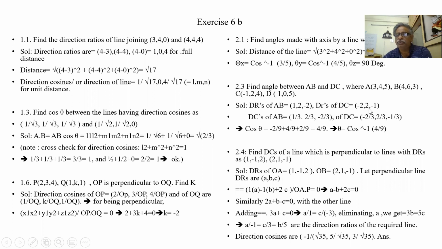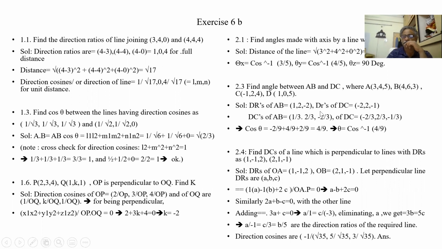Minus 2 by 3, 2 by 3, minus 1 by 3 are the DCs of the CD line. So cos theta is equal to L1 L2 plus M1 M2 plus N1 N2. So the answer is 4 by 9. So theta is cos inverse 4 by 9. This is not a standard one where I can write 30 degrees, 45 degrees, something like that. So we'll simply put cos inverse 4 by 9.